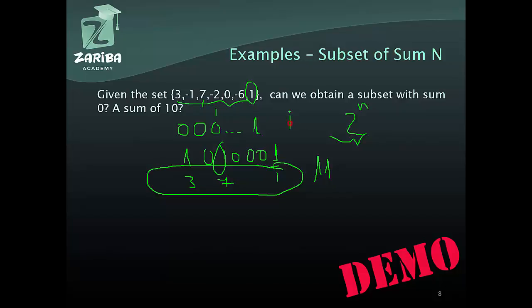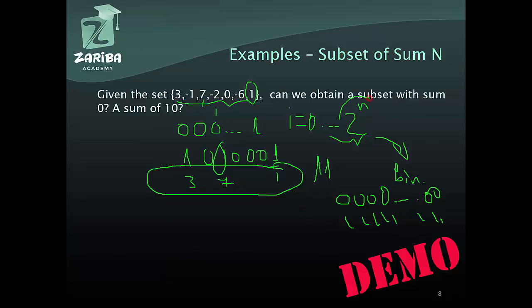Just generate all the numbers i from 0 to 2 to the n, go to their binary representation. If you have a 1, you add the element to the subset, and if it's a 0, you don't. This way you start with 0, 0, 0, the last term will be just with ones, and you will have generated everything in between.